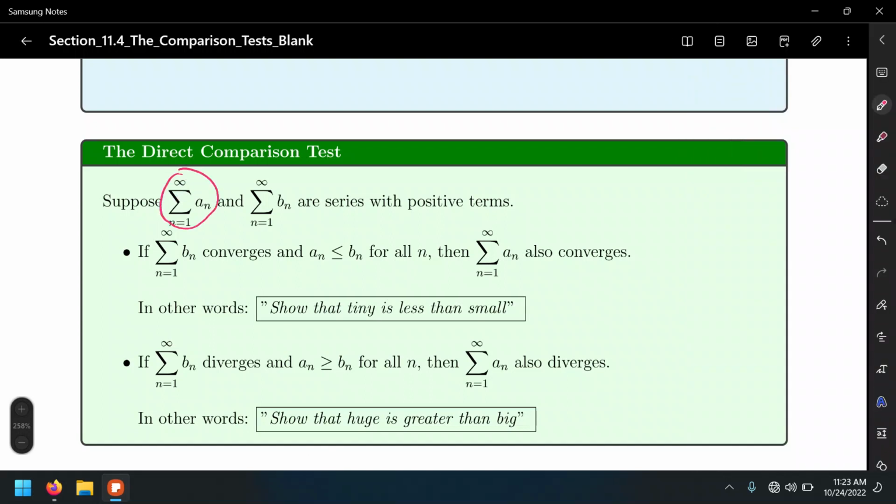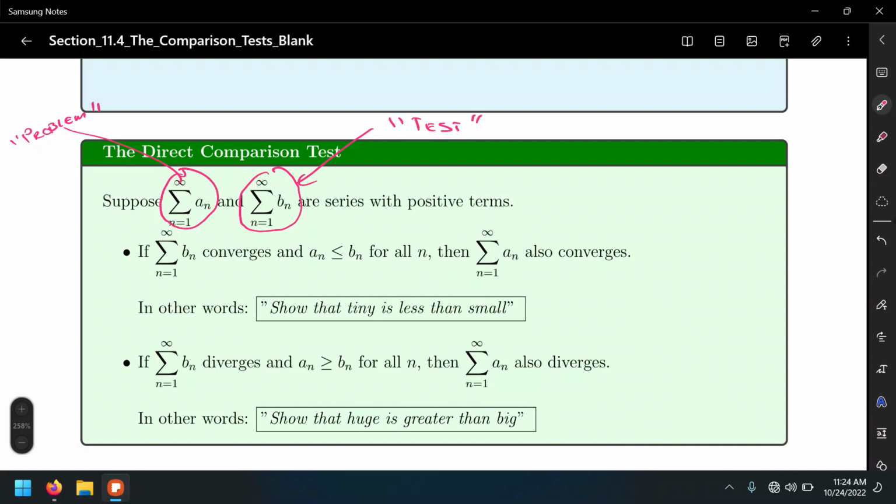This series a sub n is our problem series, or our mystery series, the one that we want to know its convergence or divergence, and usually it's going to be something not as straightforward as a geometric or a p-series. However, we're going to do something similar to what we did in the definition box above, which is come up with something that looks like the problem series, that is our test series, right?